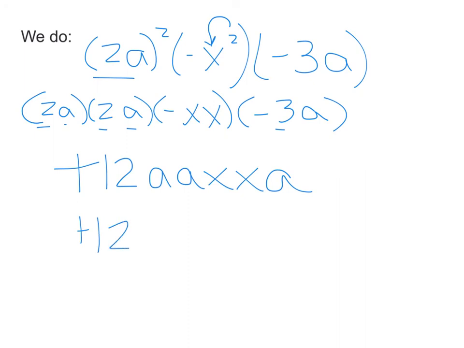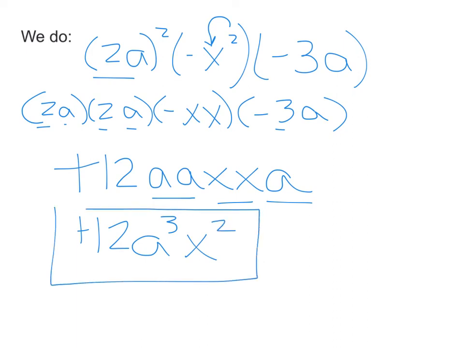And then what I'm going to do is write the a's using power. So that's a to the 1, 2, 3, so third power, or a cubed. And then I'm going to write my x's. So there's 2 x's, so that's x squared. So my answer is positive 12a cubed x squared.